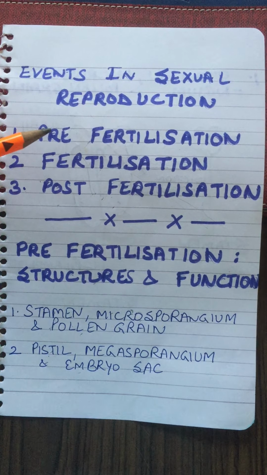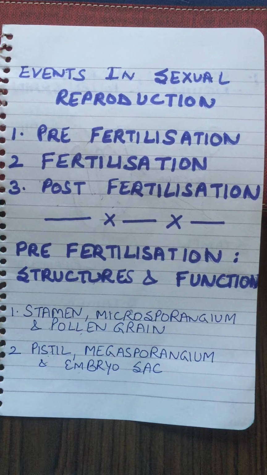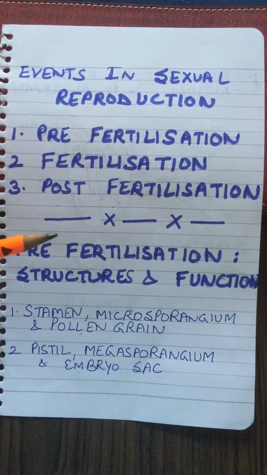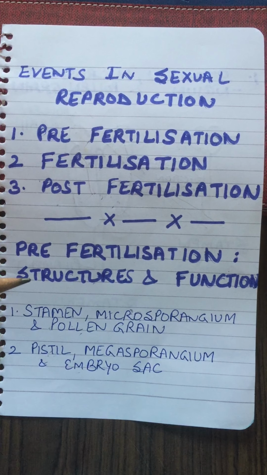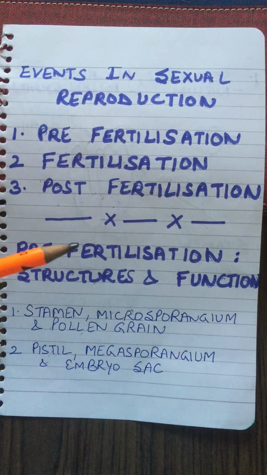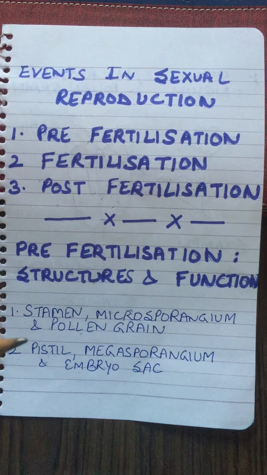First of all we will take up pre-fertilization events, which involve gamete formation and gamete transfer. Here we will first discuss what structures are present in a flower before fertilization and what their functions are. So, pre-fertilization structures and functions in a flower.